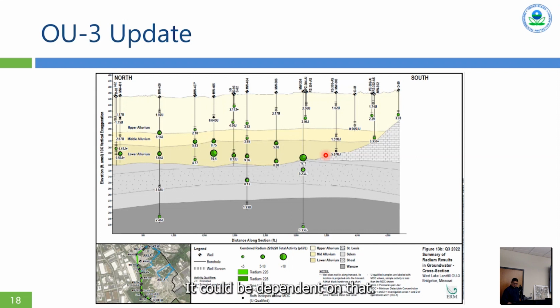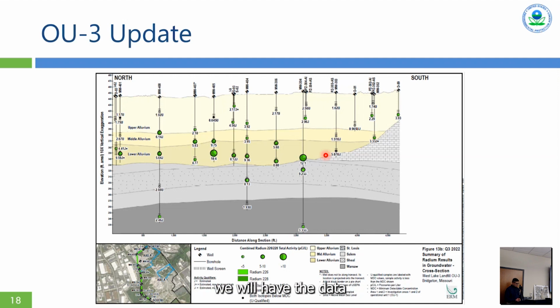It could depend on whether we have a lot of rain in a year. And as we work on the remedies for the site, which we're going to talk about next, and get engineered covers in place, that should cut down even more of the infiltration from rainwater. So there are a lot of different effects that could change how much and how quickly, and I don't think we have that data yet.